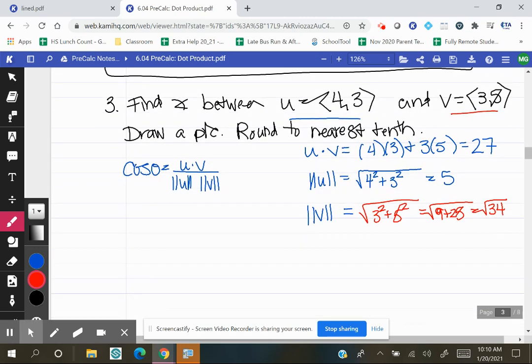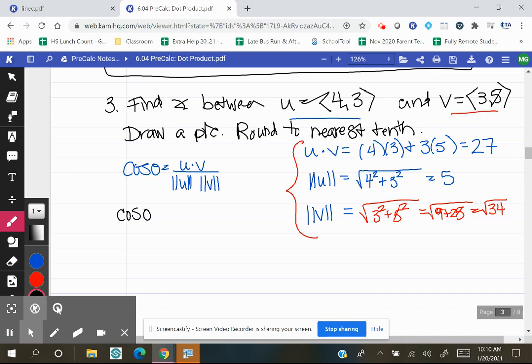So now I'm going to substitute these all back into my formula. I've got the cosine of theta equals my dot product, which is 27, over the magnitude of u, which is 5, and the magnitude of v, which is rad 34.